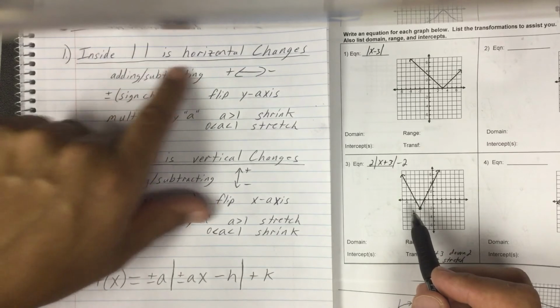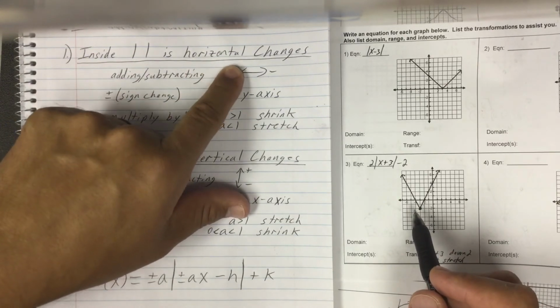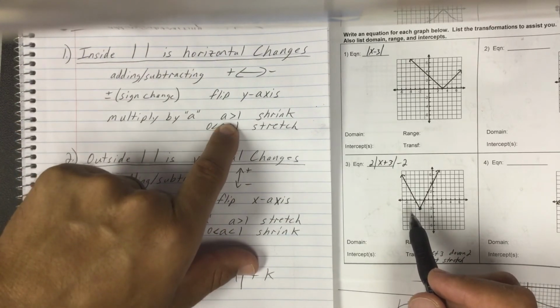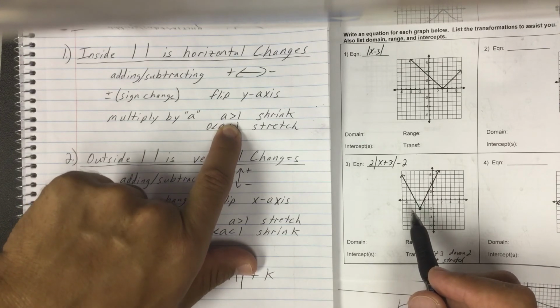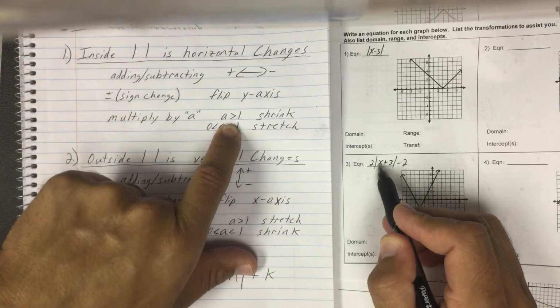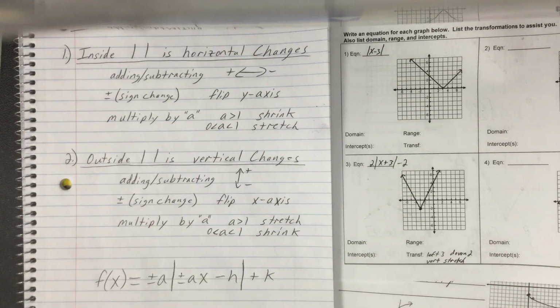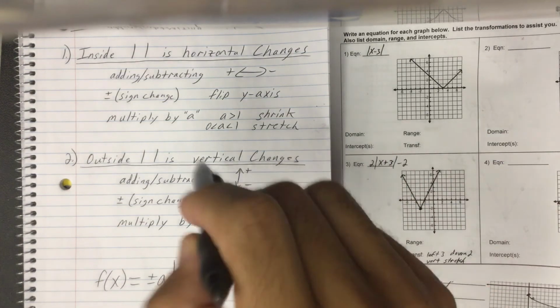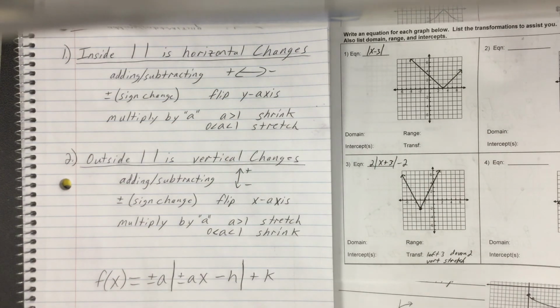I would go here on the inside and I would say horizontal. To shrink it, it would have to be a number greater than 1. So all I would do is put the 2 on the inside. It would be kind of the same thing. Okay? But when we're looking at this, we want to find the quickest way. And most of us think in terms of vertical. So you try 2 and 4.